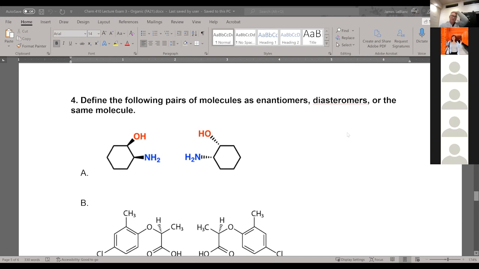Okay. So A, can everyone see the question here? So A is the same molecule, and the reason for that is because you can stack these on top of each other.